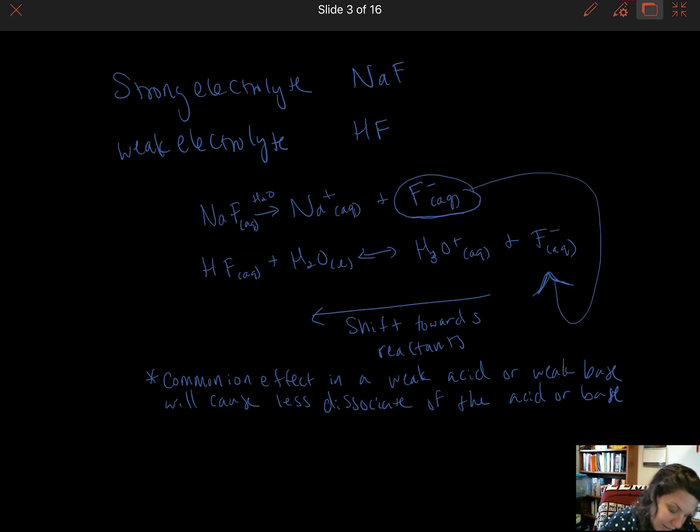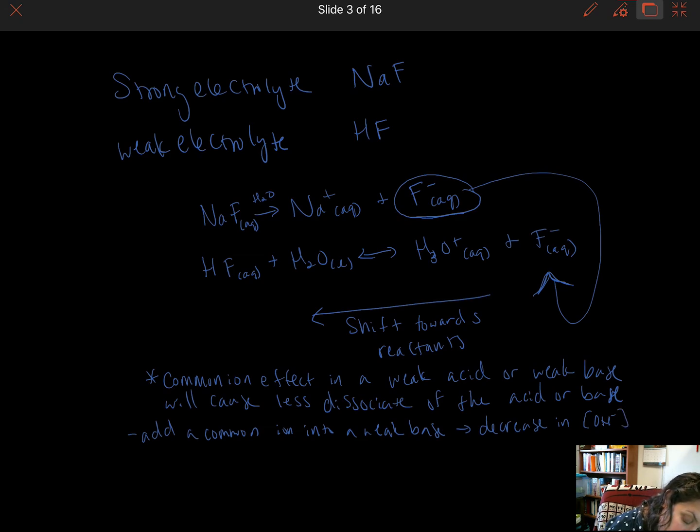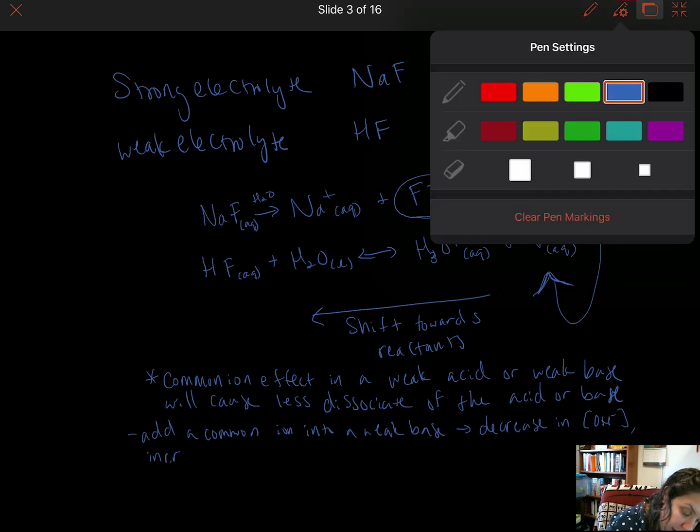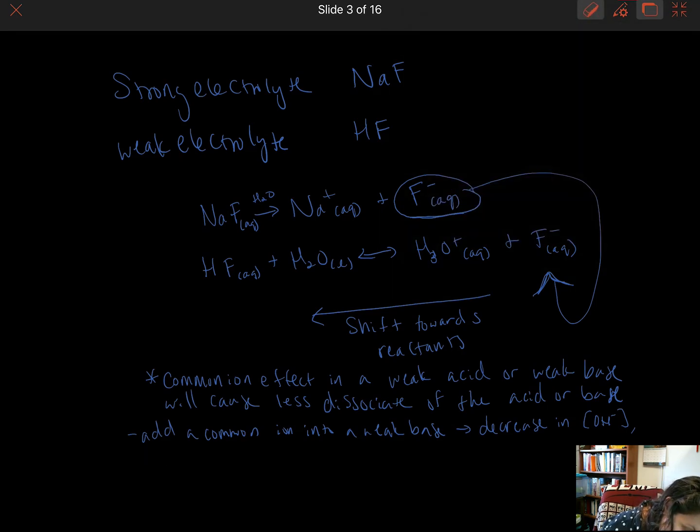So if we add a common ion into a weak base, this will cause a decrease in dissociation, so hydroxide concentration, and therefore a decrease in pH.